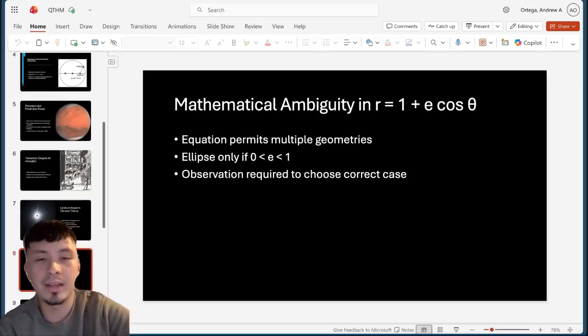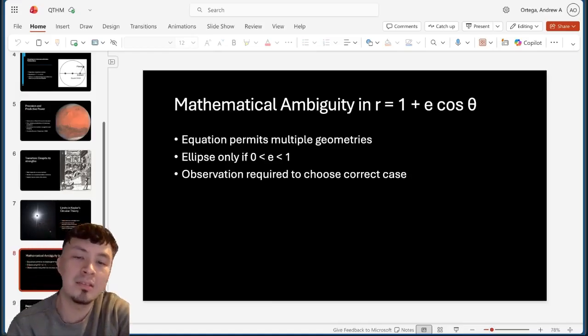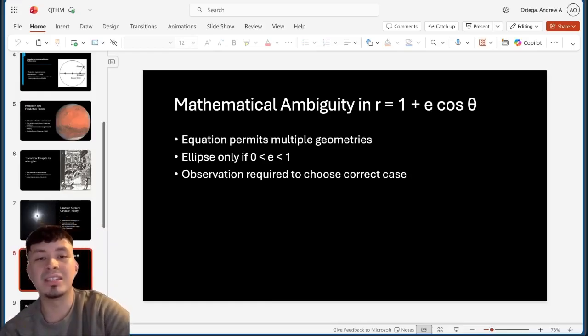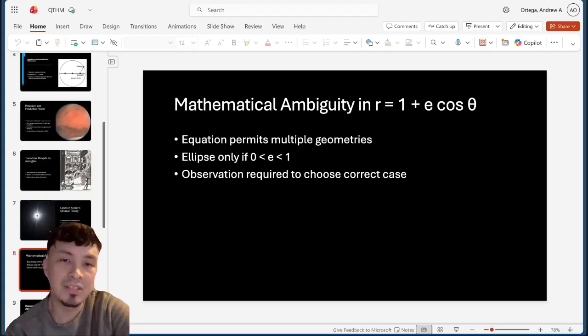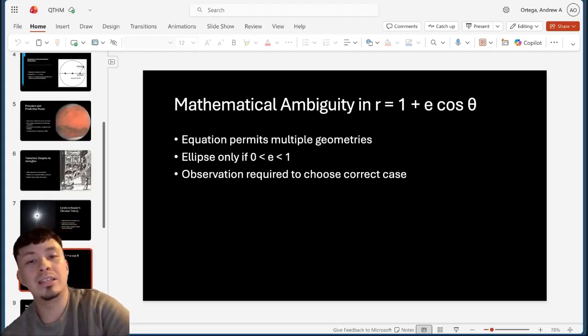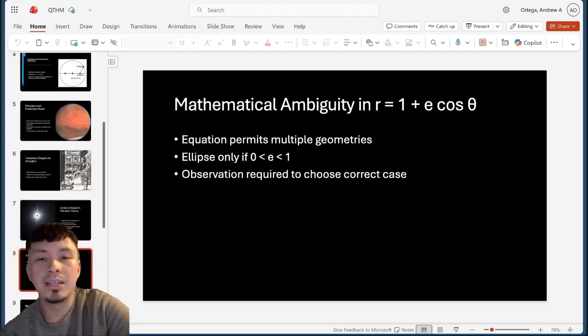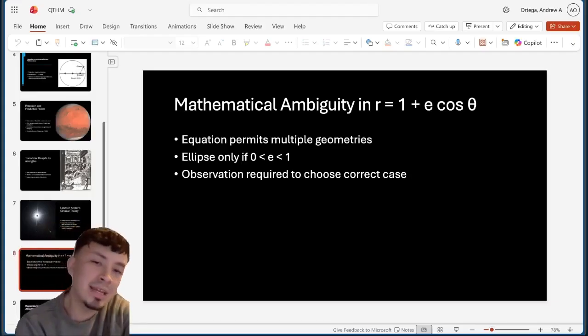You have to choose the correct case in order to be able to explain it, right? As Wilson also explained, the formula r equals 1 plus e cos theta does not guarantee an ellipse. But what we can do is that it can describe a parabola, or a hyperbola instead, right?